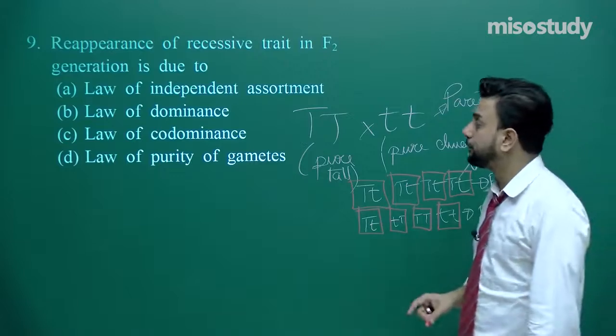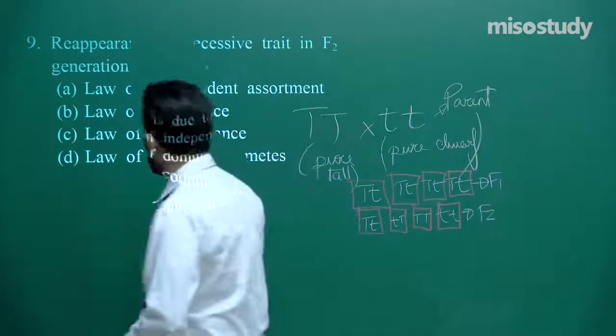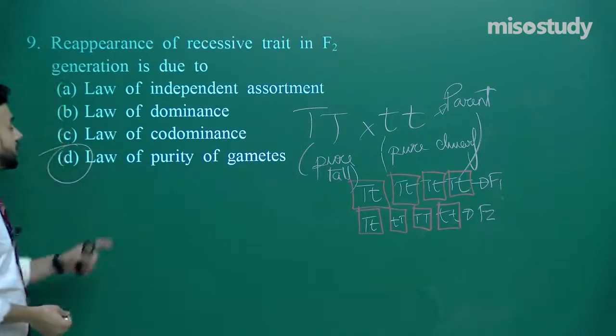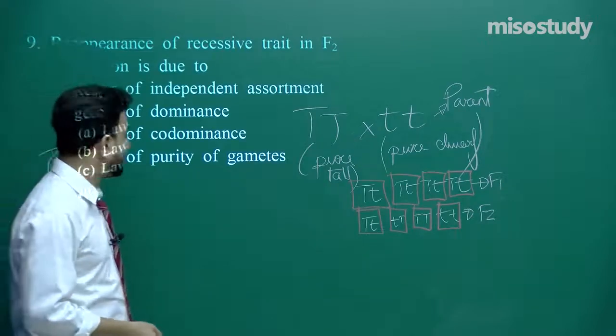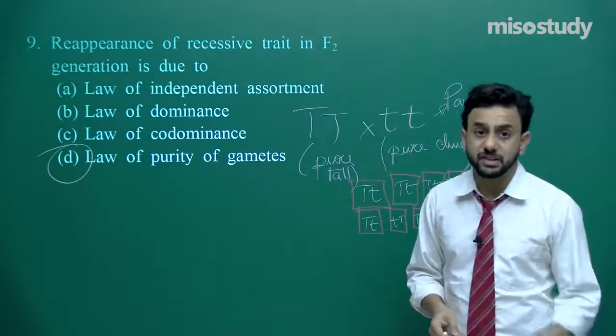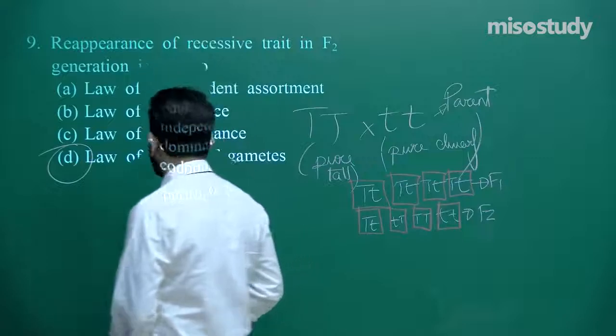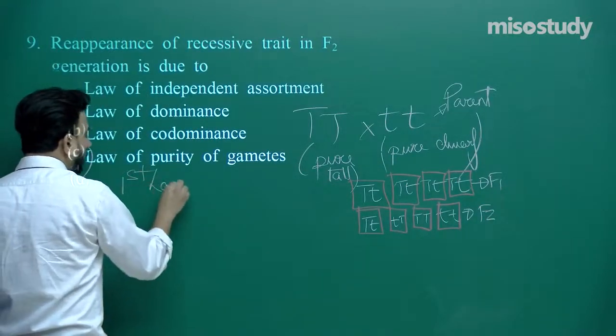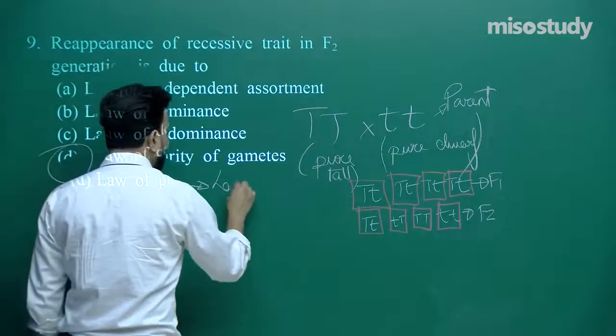This is due to, I will say, the law of independent assortment. Sorry, the law of the purity of the gametes. We will see what the law of purity of gametes means. We know that the first law of Mendel is called the law of dominance.